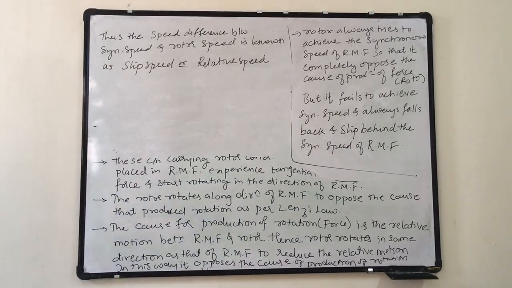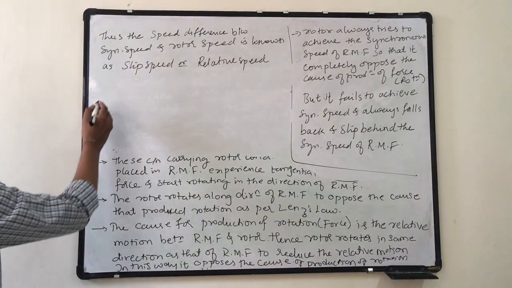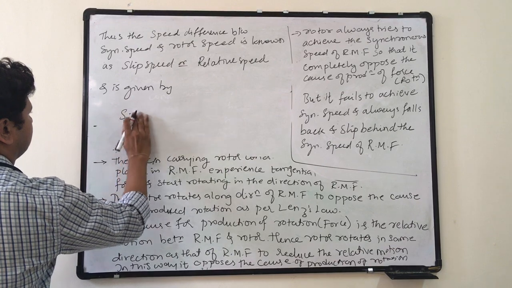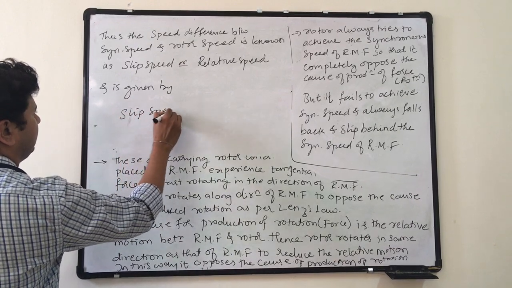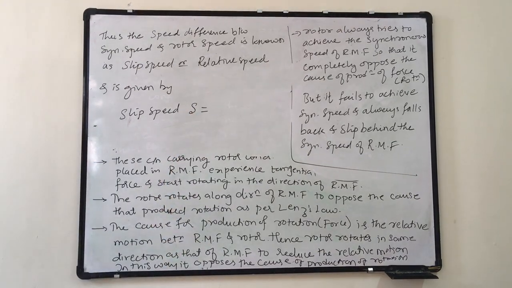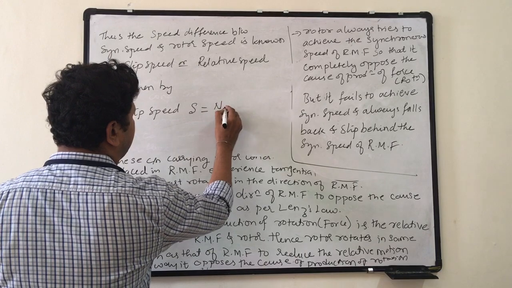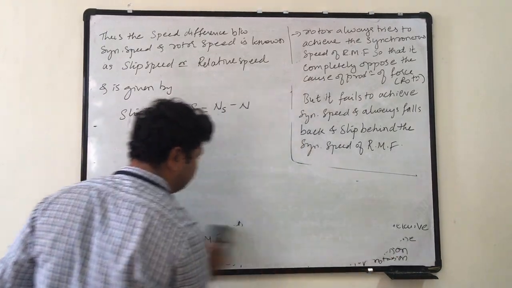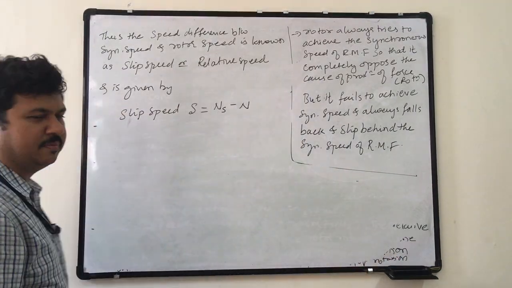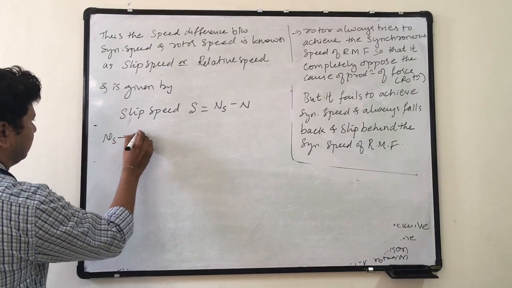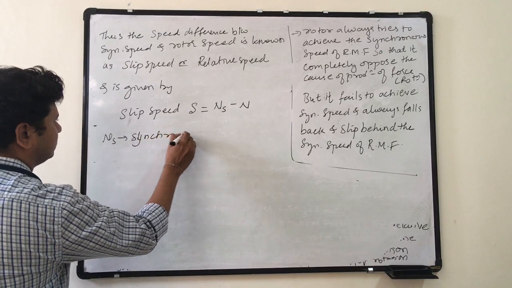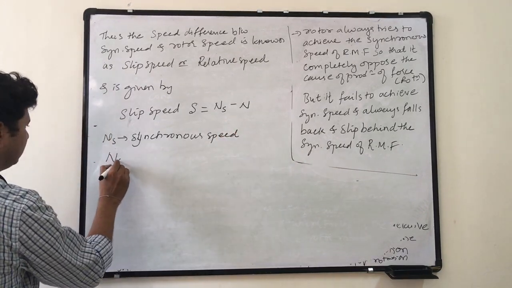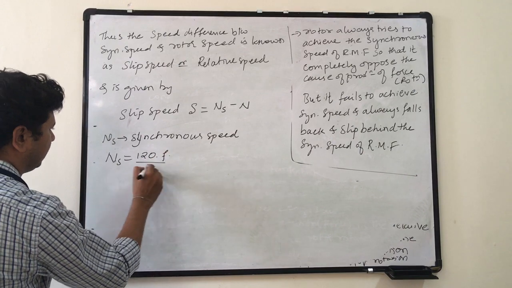Okay, and it is given by slip speed S equals ns minus n, where ns is the synchronous speed, and ns equals 120 F upon P.